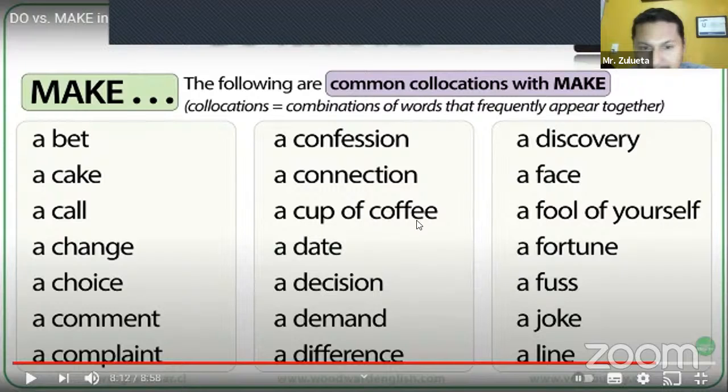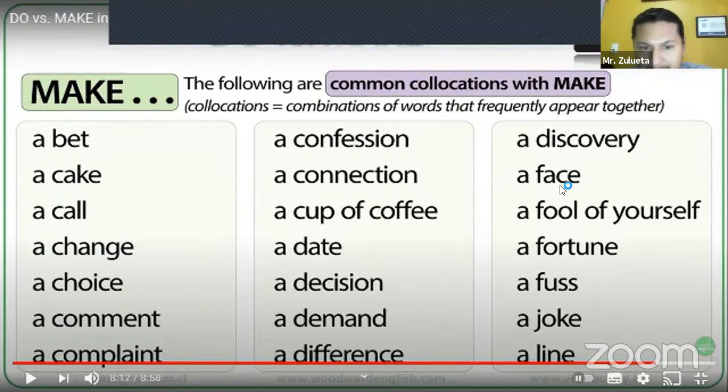Make a cup of coffee. Make a date, make a decision, make a demand, make a difference. Haz la diferencia. Make a discovery, hacer un descubrimiento, desde luego, lo trabajaste desde principio a fin. Make a face, hacer caras.